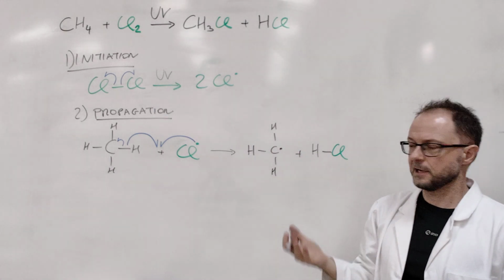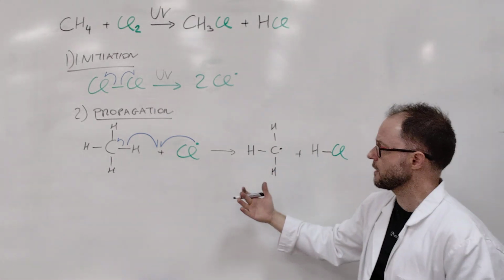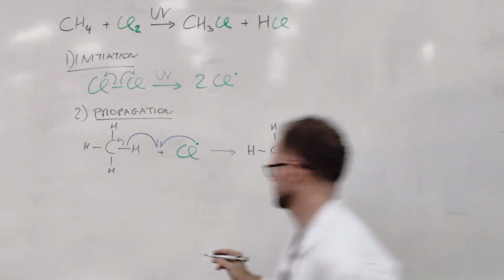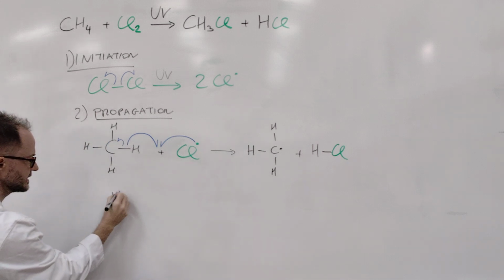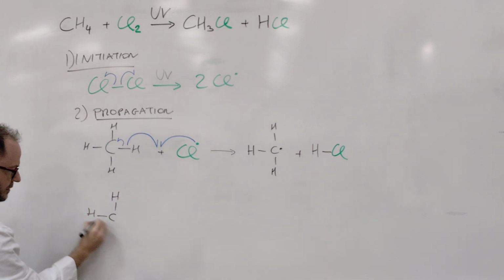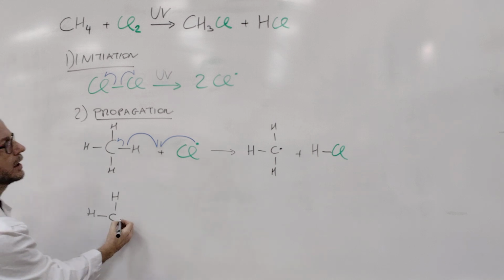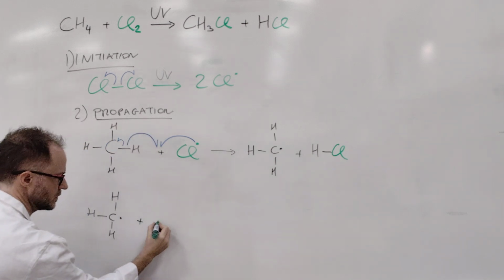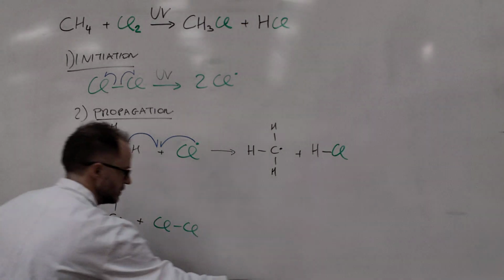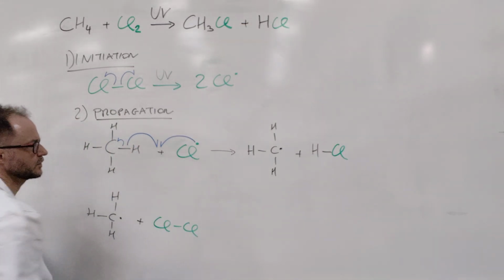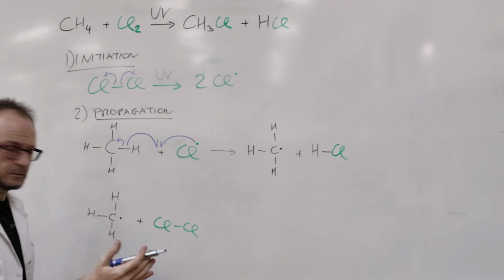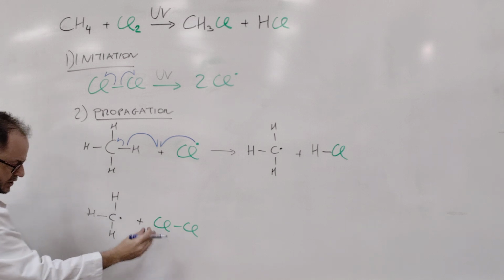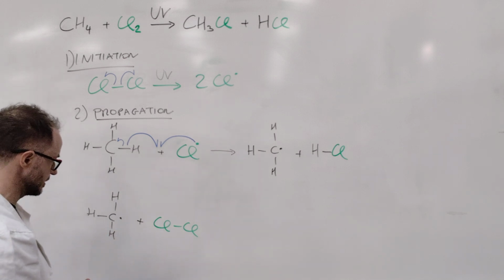What happens to the methyl free radical? Well, it could collide with just about anything, but let's assume that it collides with a chlorine molecule. Let's draw it down here. So this is the second step of the propagation. There we go. Plus chlorine molecule. Right. Well, likewise, the chlorine gets closer and closer and closer, collides with the methyl free radical.